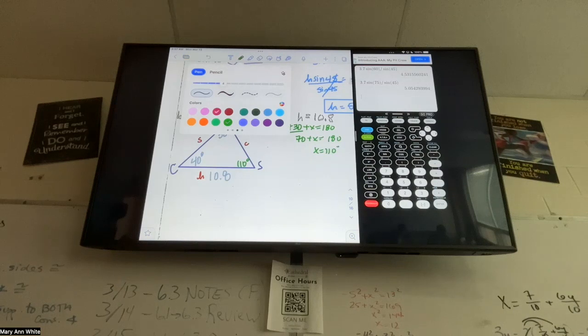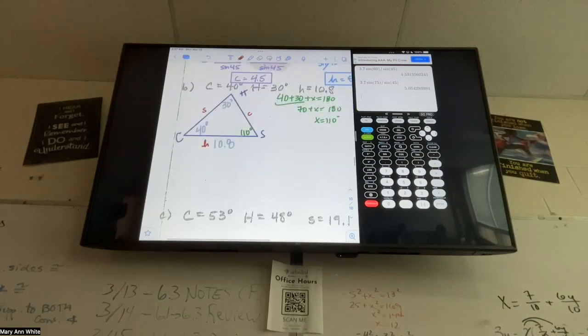All right, now I'm going to solve for little s or little c. I don't care. Can somebody write an equation for me to solve for either one of those, using my law of sines? Maggie? Sine 30 over 10.8 equals sine 40 over... Perfect. That was exactly right, Maggie. Sine 30 over 10.8 equals sine of 40 over little c.